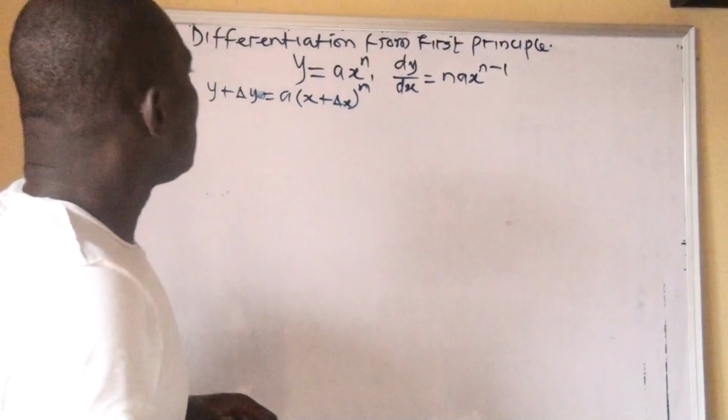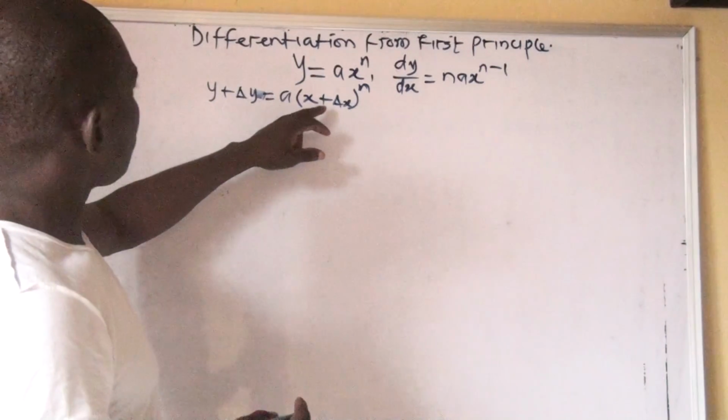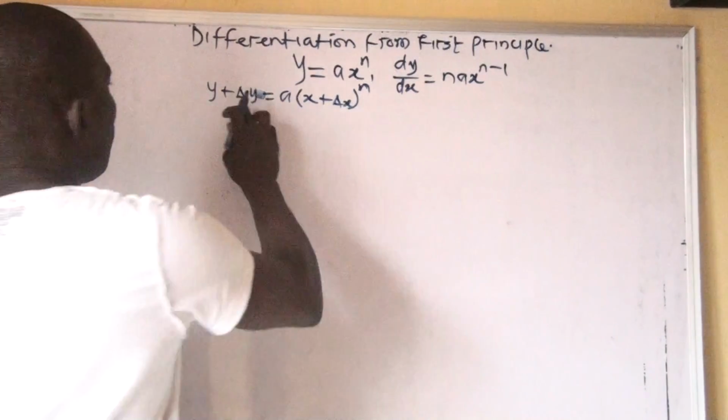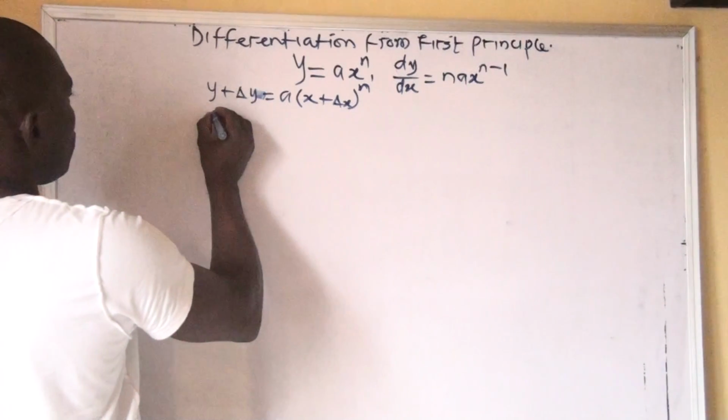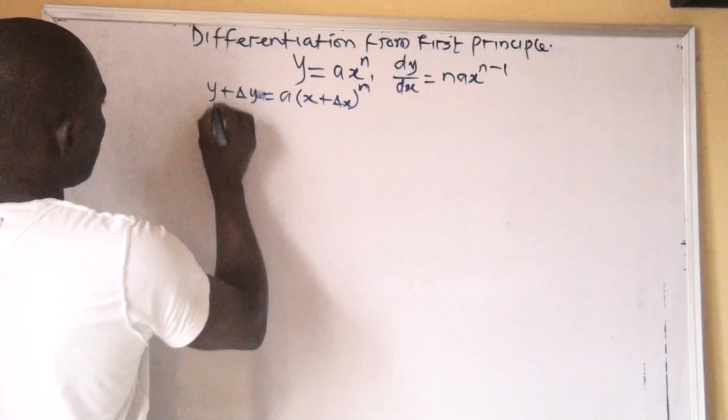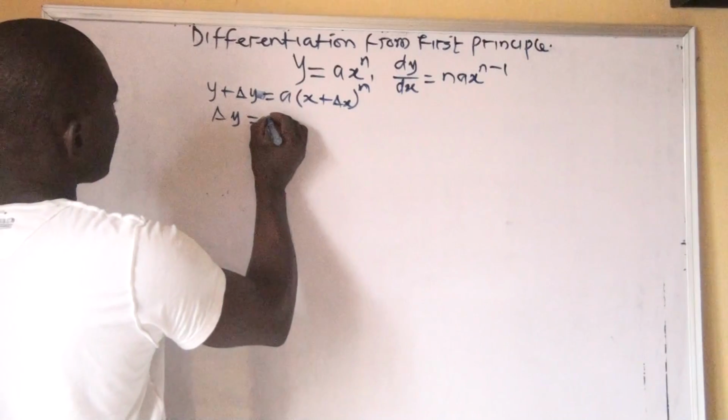The next thing is that we leave only delta y on the left hand side, and we move y to the right hand side.